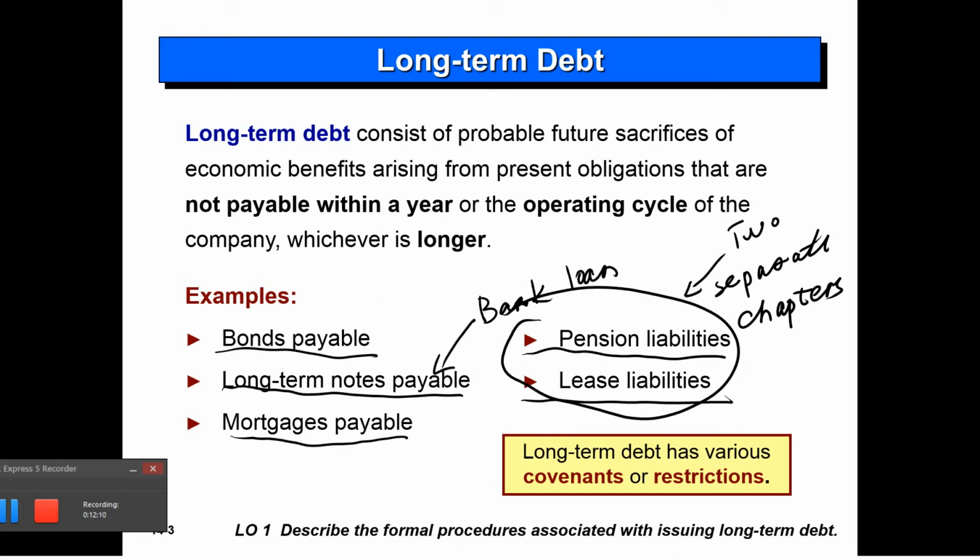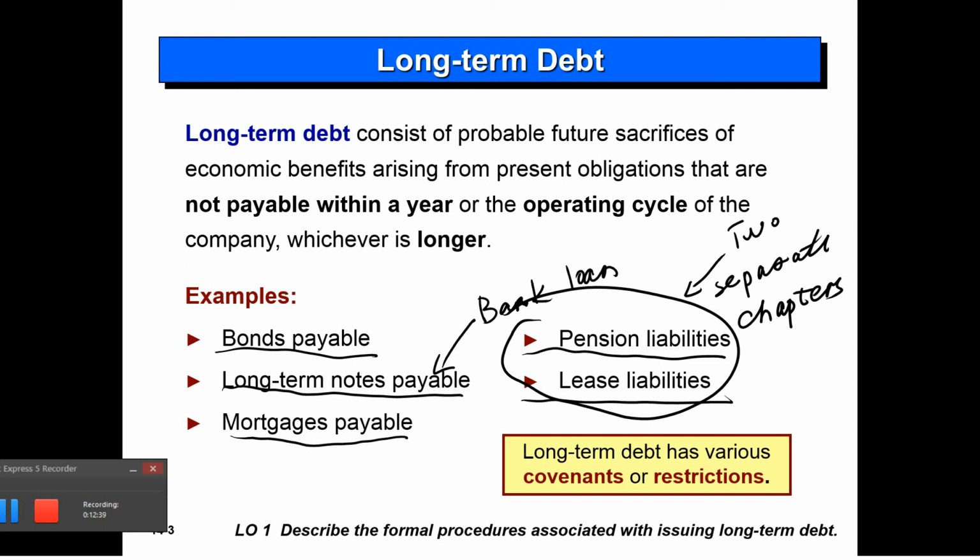If you compare bondholders with shareholders, what is the major difference? Of course, there are many differences. One of the major differences is the power to control or the power to direct. Shareholders can direct the business strategies or business activities of a company through voting power. Shareholders have the voting right.